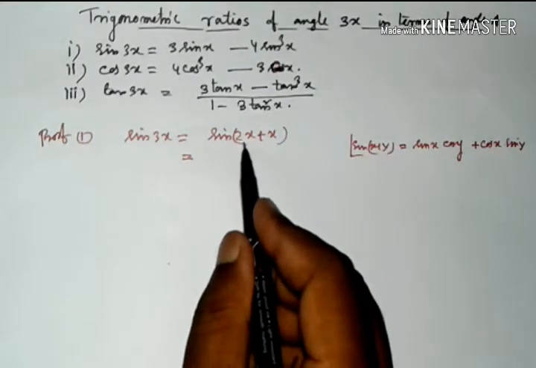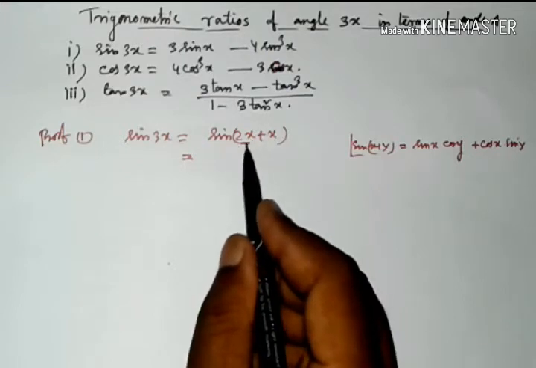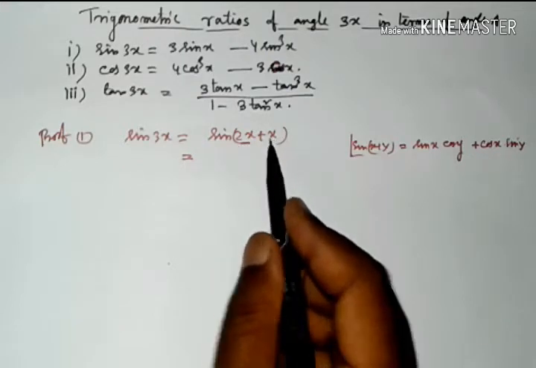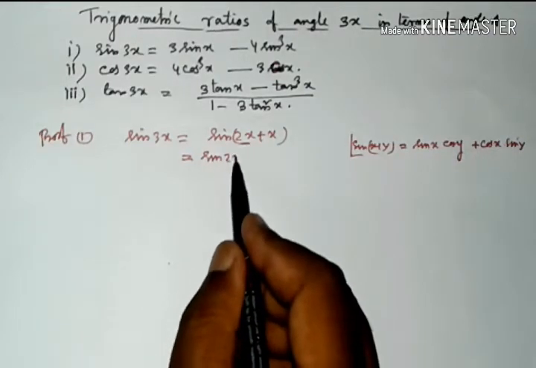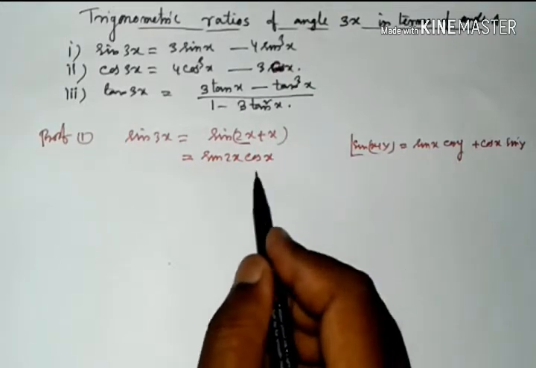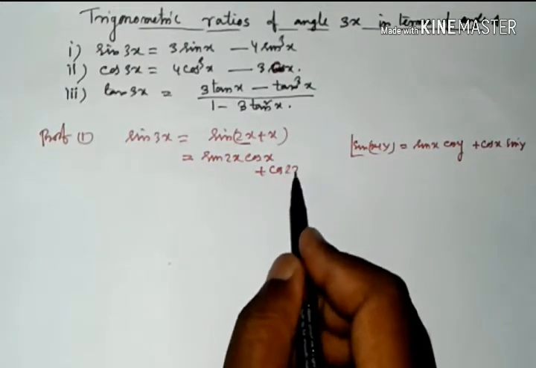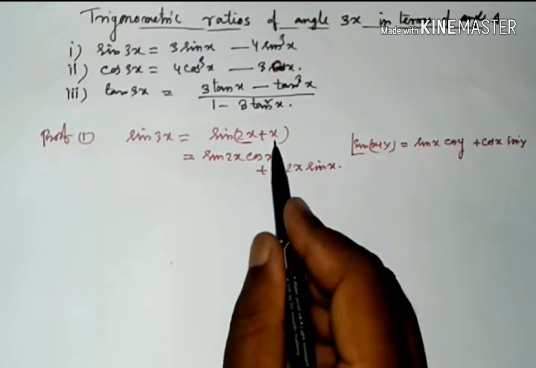Here we consider 2x as x and x as y. From this we get sin 2x cos x plus cos 2x sin x.